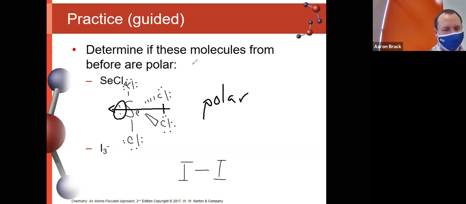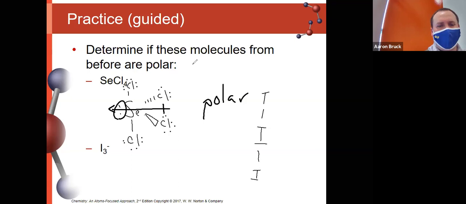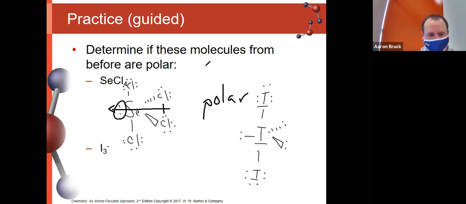If you recall, we also drew triiodide in our last session. We had iodine, bonded to iodine, bonded to iodine, and then we had lone pairs of electrons in the equatorial plane, and lone pairs of electrons all around those outer iodines.